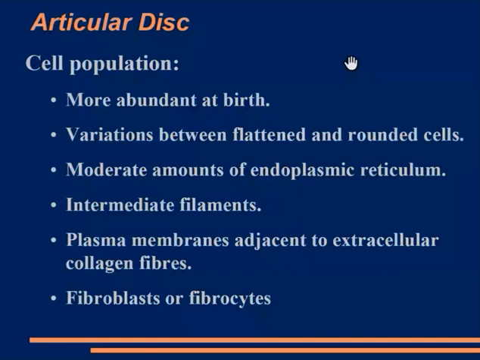The more rounded cells have a high amount of cytoplasm, and we don't really know about the cell kinetics and the apoptotic activity, but mostly the cells stay for the whole lifespan. There is a degree of cell proliferation, which is more remarkable at birth or in early ages.